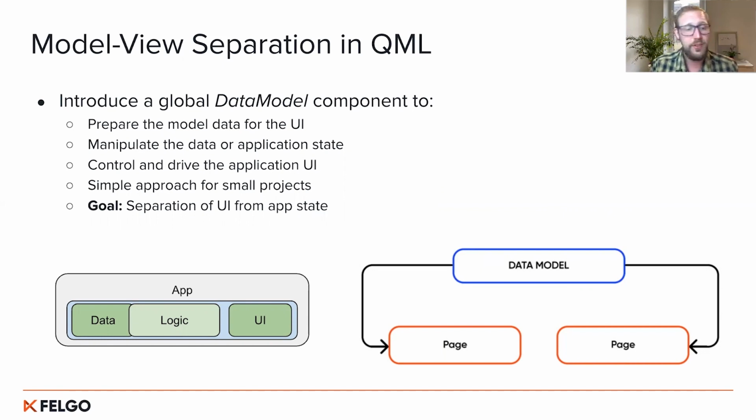All of this logic and the data handling and the application state handling just moves to a different component. And then you can also, for example, have multiple pages connecting to the same data source and updating respectively without any inconsistencies.